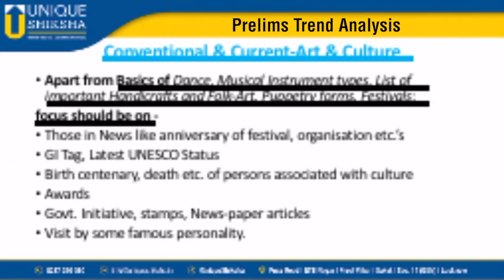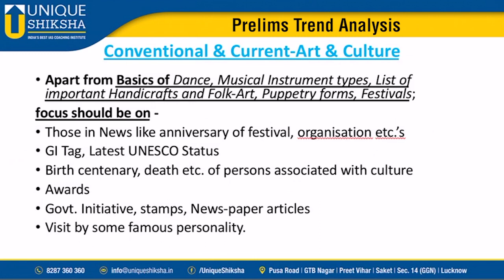Then current and conventional art and culture. I will also cover those important art and culture news items, like take the example of Manjusha art. Manjusha art is like Madhubani art from the Bhagalpur region of Bihar.